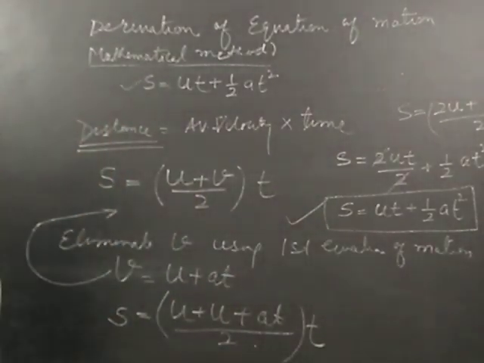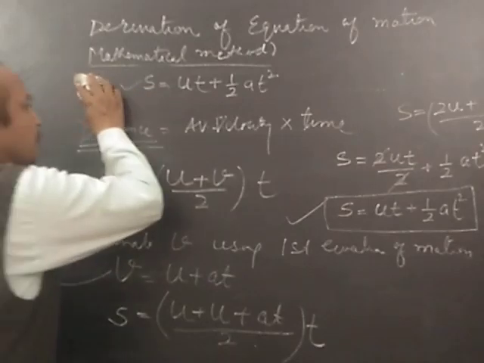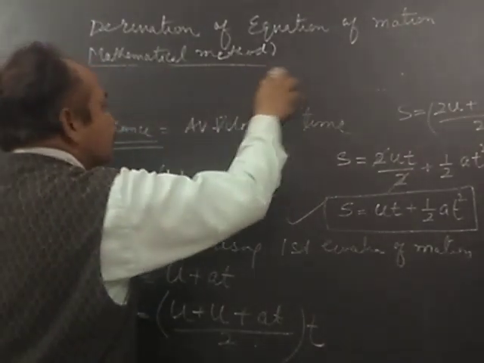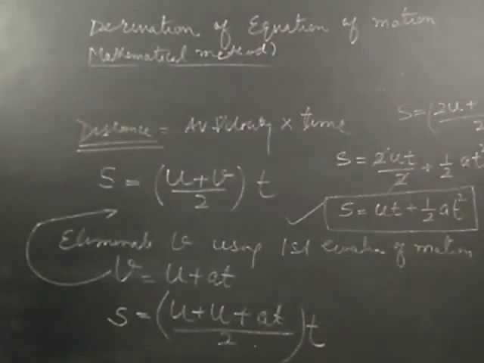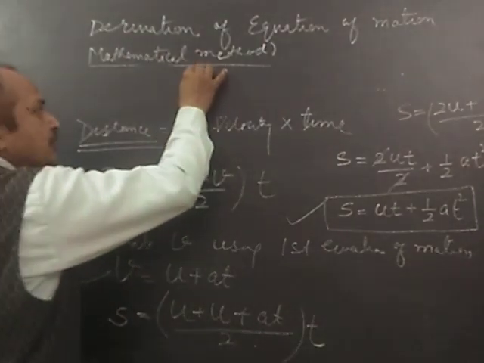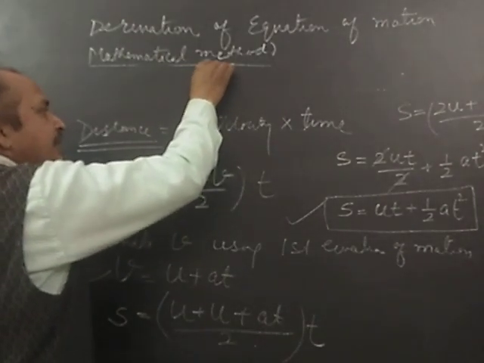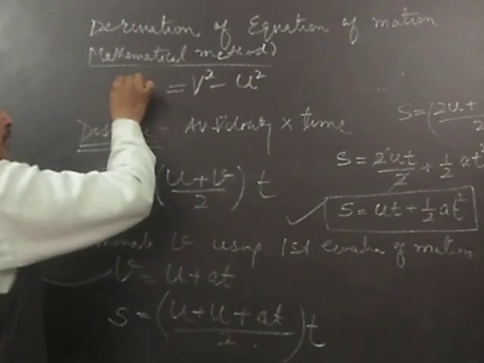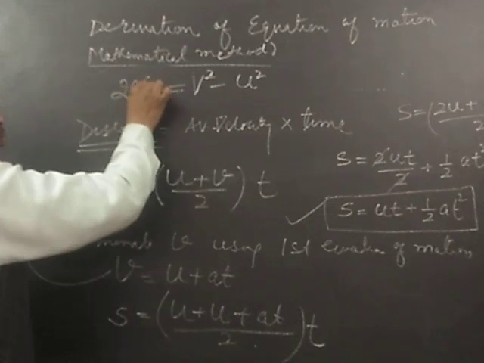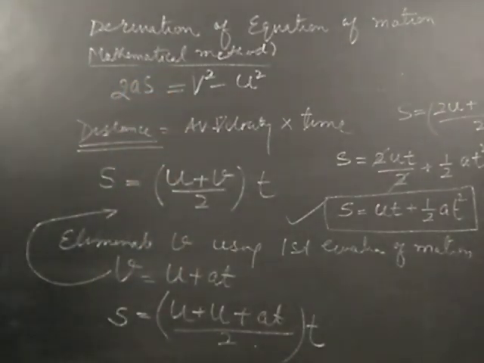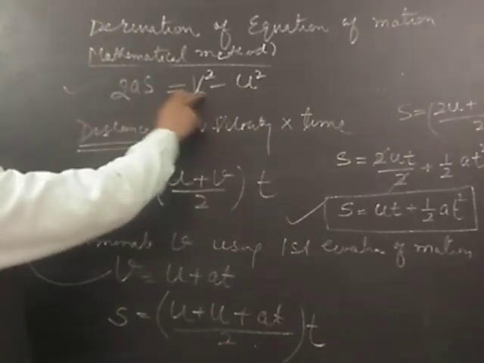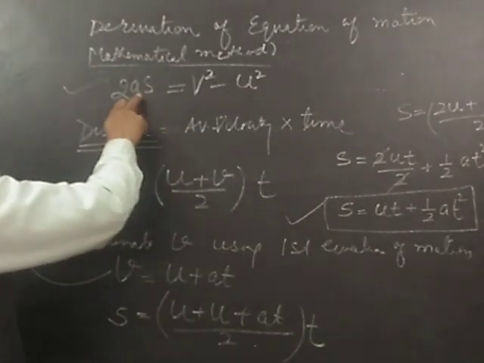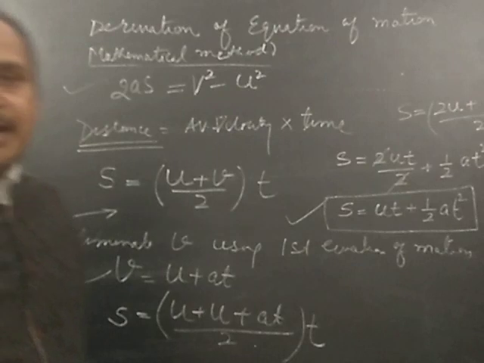So now our last article for today, that is the derivation of the third equation of motion. Again, introduction will remain the same. Third equation of motion, and everybody knows that it is v square minus u square is equal to 2as.